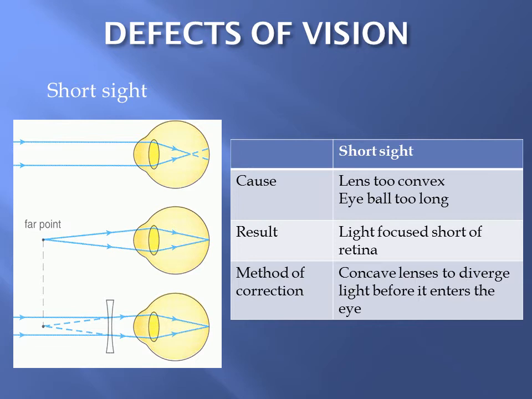One is if the lens is too convex, or if the eyeball is too long, then the light is focused short of the retina. This fault can be corrected by using concave lenses, which diverge the light rays before they enter the eye.